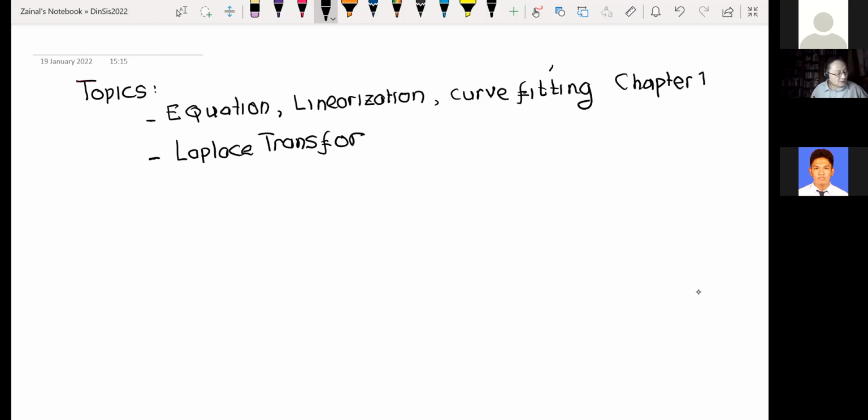Laplace transform for solving differential equation.